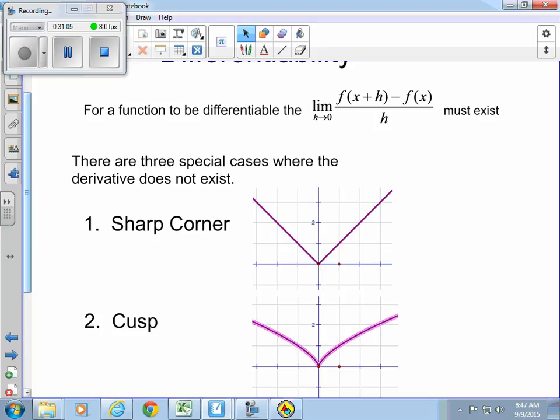What you need to know is, when can you not take a derivative? There are 3 special cases when you can't take a derivative. And I'll show you why.